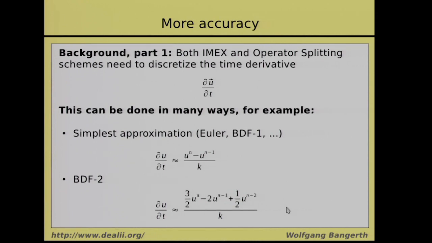So the fact that I wrote down all of the previous slides by just using the first order approximation has more to do with the fact that I wanted you to see these equations as clearly as they really are. I wanted you to understand the concept behind this. But in reality, if you wanted to implement this in a high accuracy solver, you would go with something like the BDF2. BDF stands for backward differentiation formula, or BDF3.